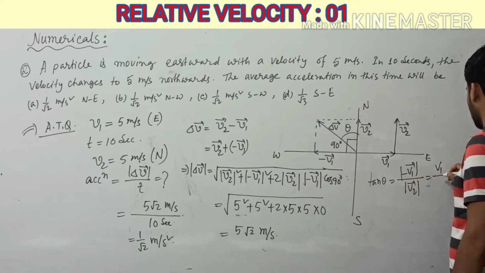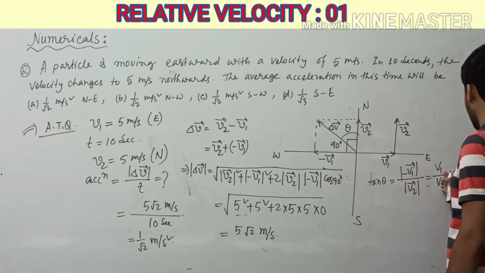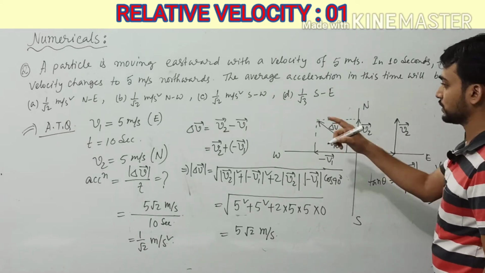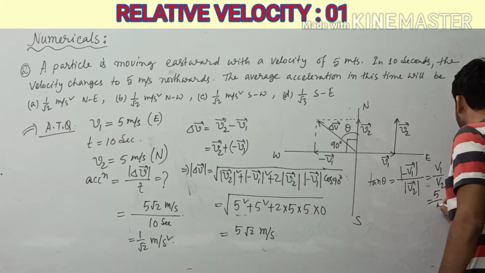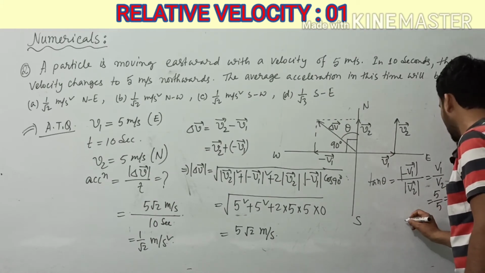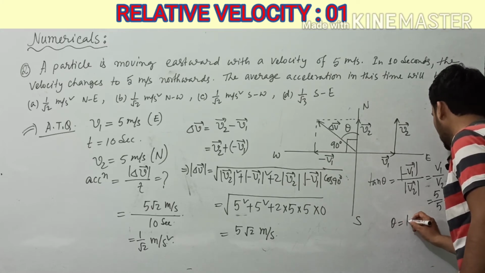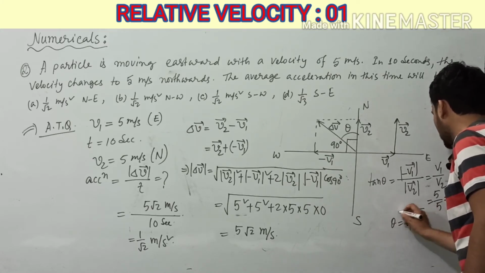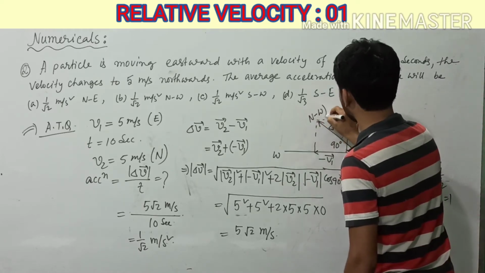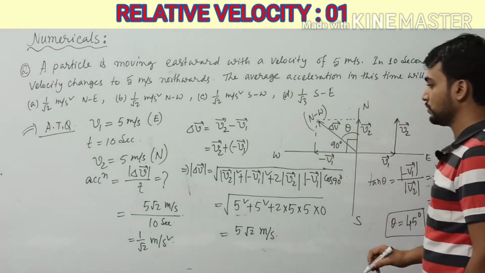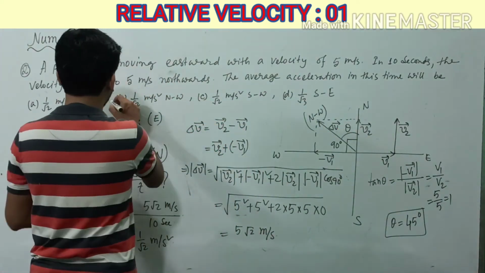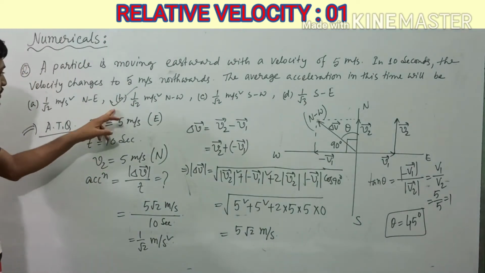So mod minus v1 by mod v2 is simply v1 by v2. And what is v1? v1 is 5, v2 is also 5, and this gives you 1, so theta is 45 degrees. Okay, 45 degrees means northwest direction. So our option will be 1/√2 northwest direction. So this will be the correct option.